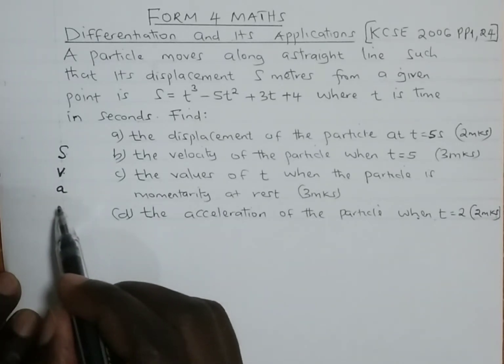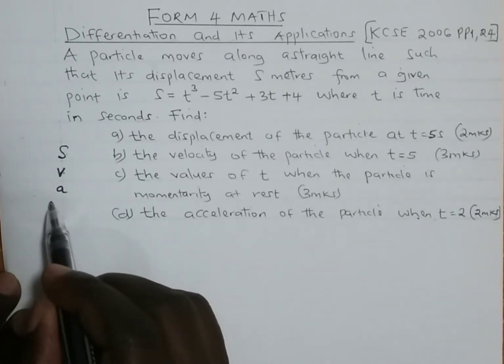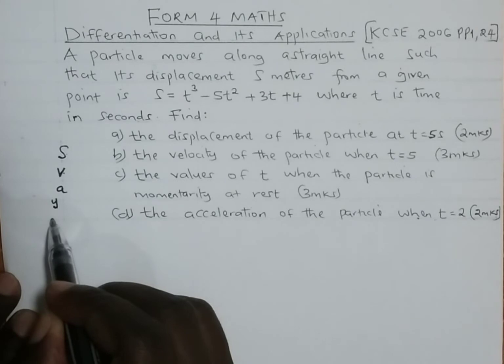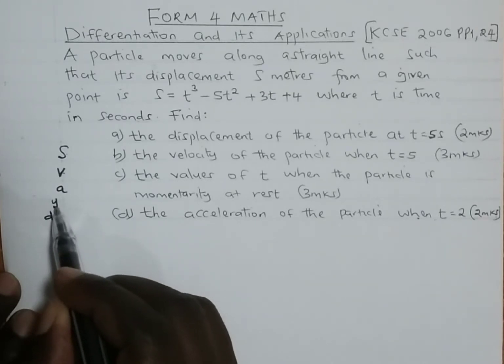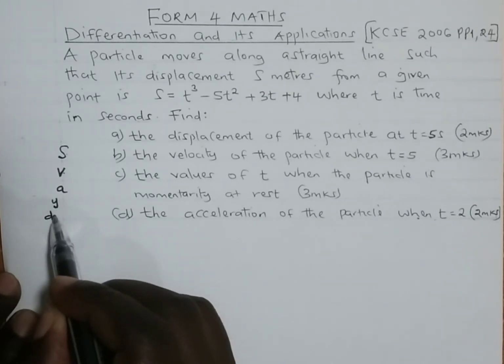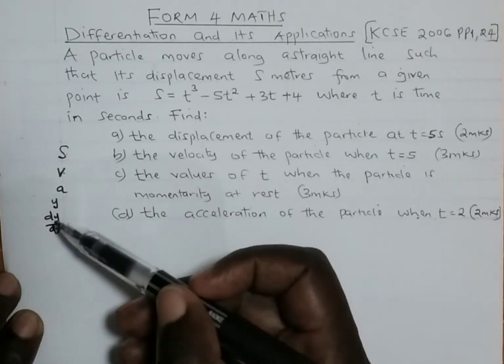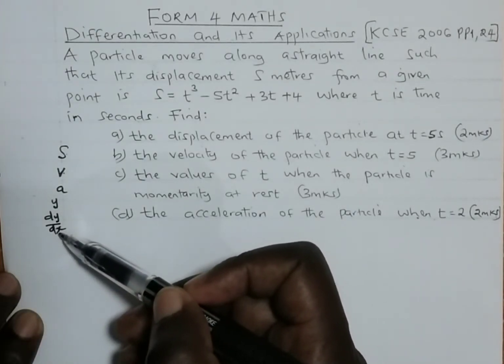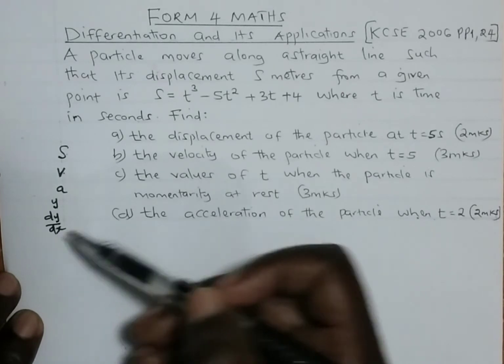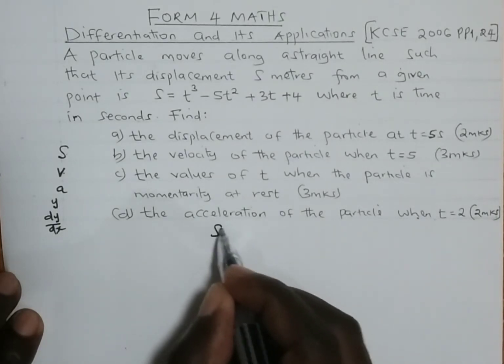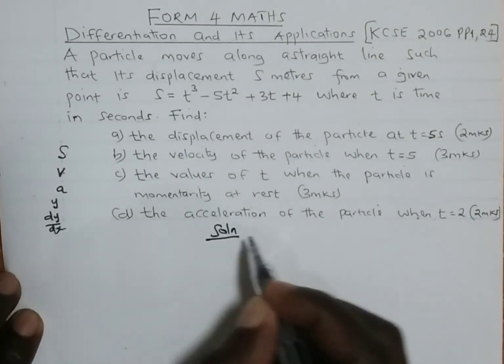And you could also be given a question in form of y, and then you are required to differentiate y to get dy over dx, which stands for the change in y over the change in x, and refers to the gradient function of a curve. So let us look at the solution of this question.